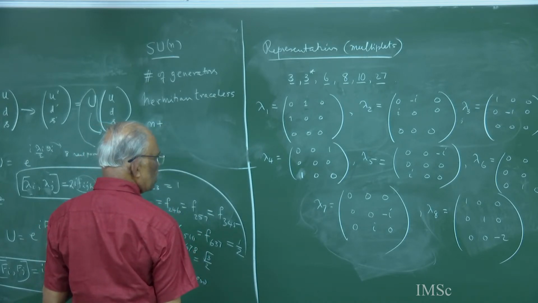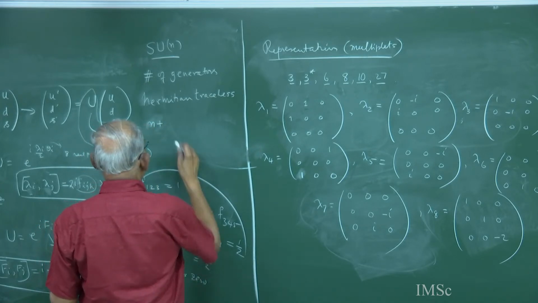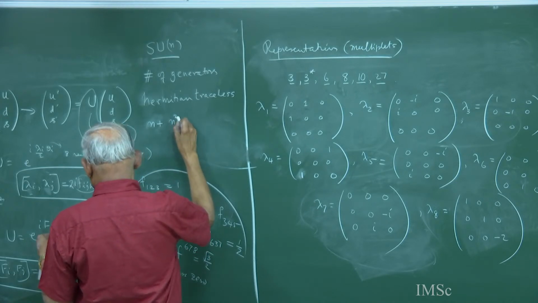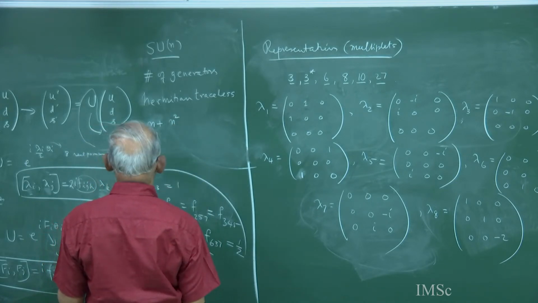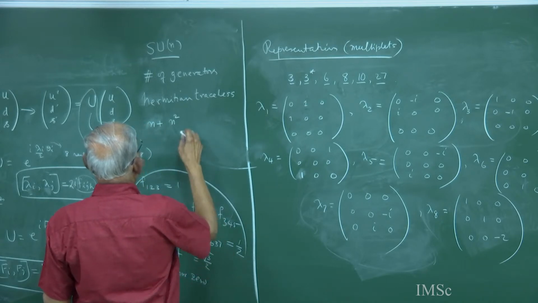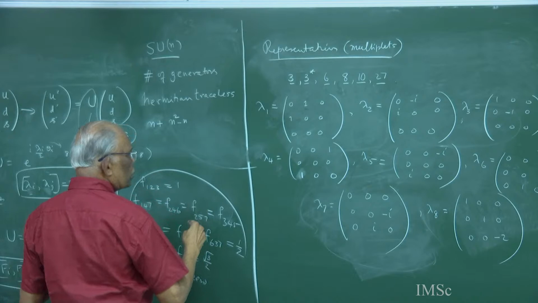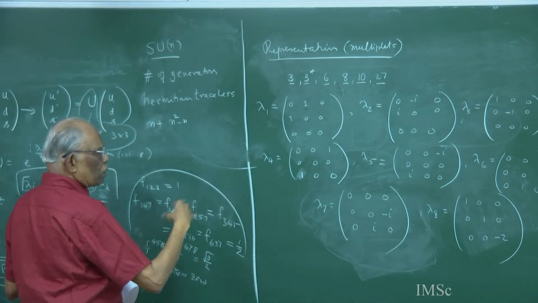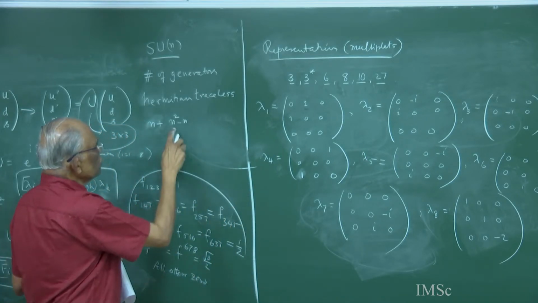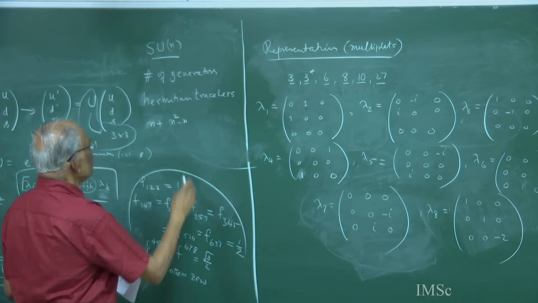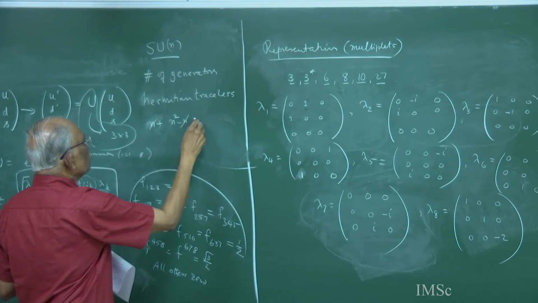Off diagonal elements, how many are there? If you look at n squared, we have to remove this n, and then divide by 2, because the off diagonal elements are complex conjugates of each other. You can see this is the correct number. So n and n cancel.